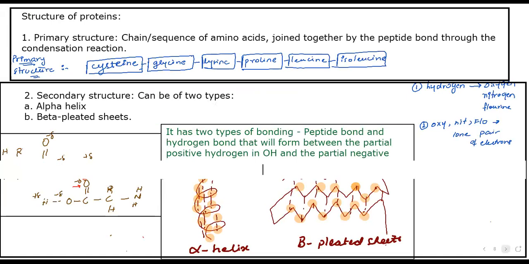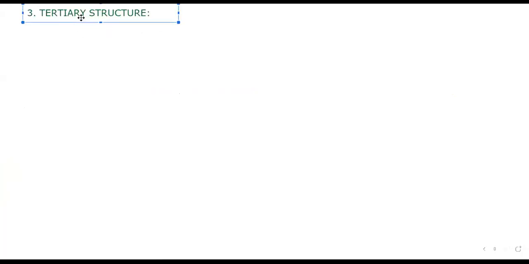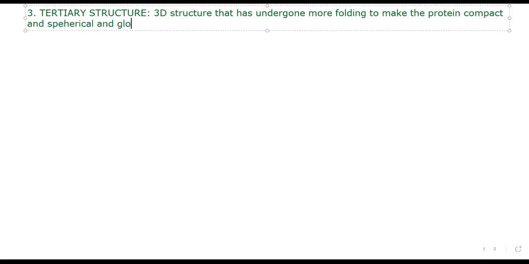So our tertiary structure is one step ahead. I've taken the 3D structure and further modified it. So this is our 3D structure that has undergone more folding to make the protein compact, spherical and globular.